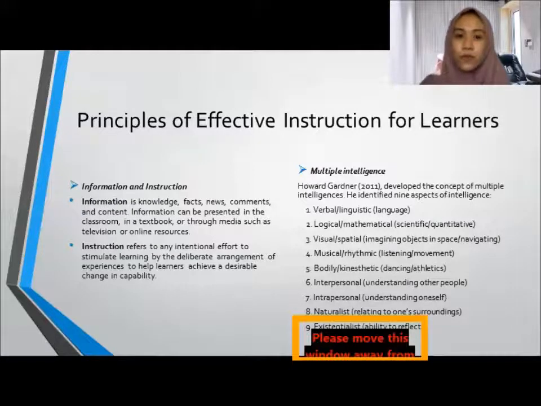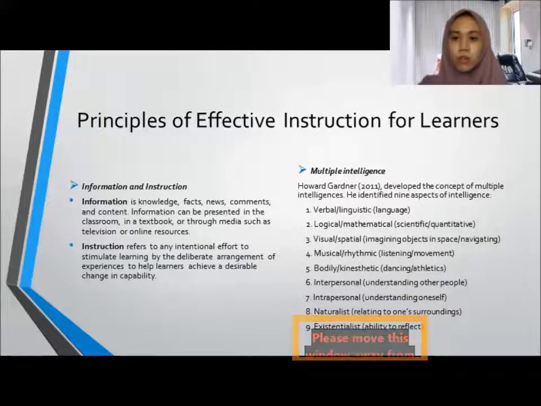Let's move to the principles of effective instruction for learners. Before a teacher creates an effective instruction for learners, they need to distinguish the difference between information and instruction. Information is knowledge, facts, news, comments, and content.